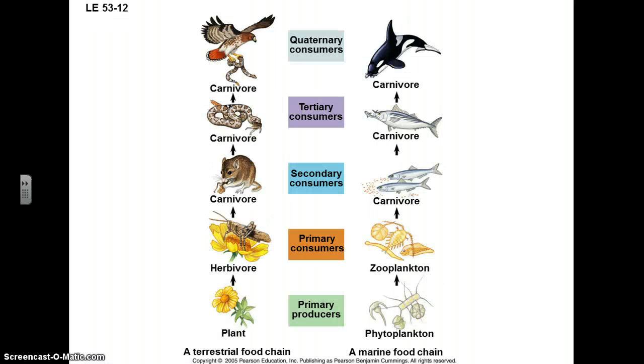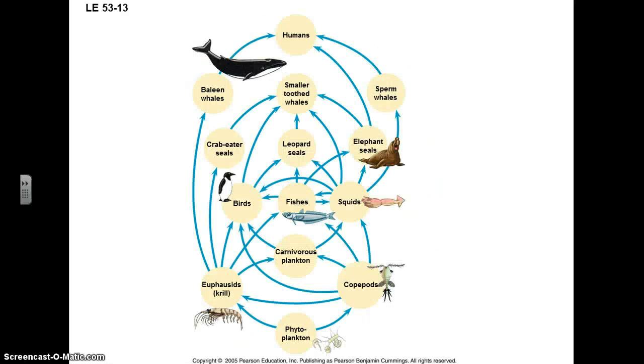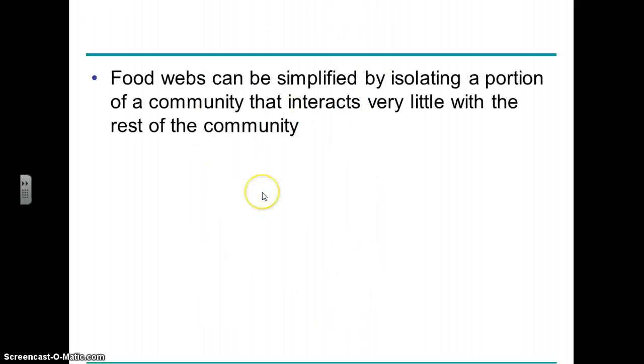Now, a chain is not a completely correct way to describe this, because these are often webs. That is, things don't eat just one thing, and they're usually not eaten by just one thing. So there are a lot of interconnections between all the species in this system.